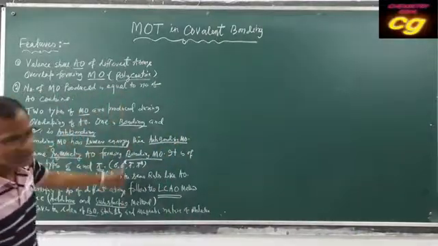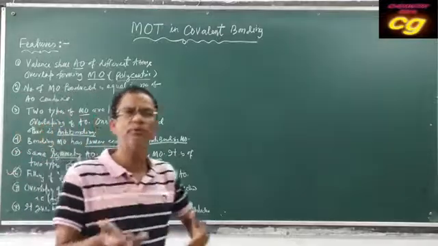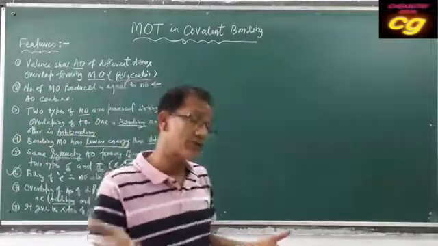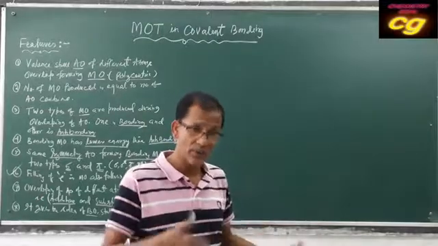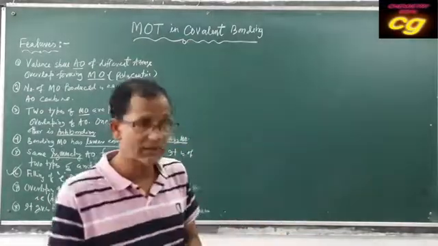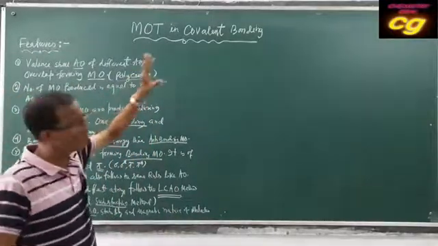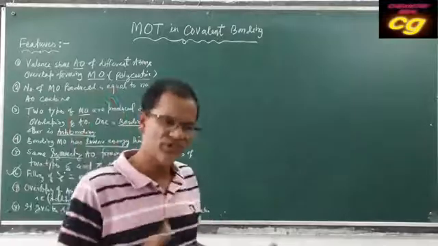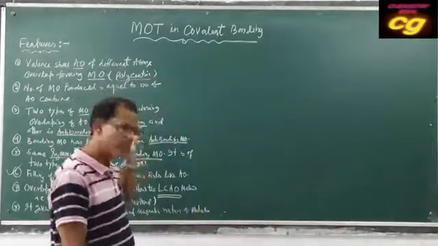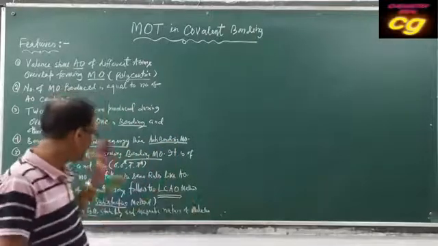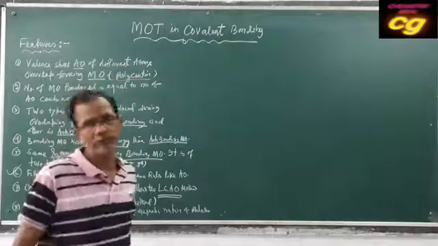Then valence bond theory regarding hybridization and the shape of the molecule, and another concept, VSEPR theory, with the number of lone pairs determining the shape of the molecule. But MOT is the advanced concept which gives the shape of the molecule, the nature of bonds and the magnetic character. Every concept you can know from MOT.